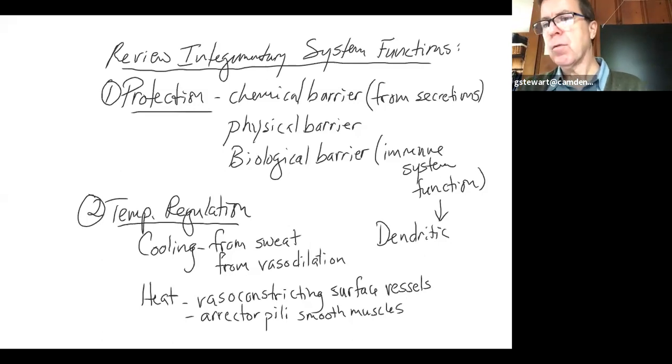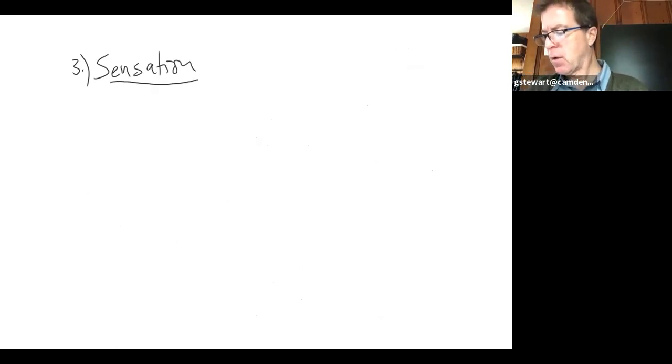Let's just do a few more. Don't worry, it'll be quick. Number 3, sensation. Just all this means is that we have nerve endings in our skin that sense the external environment.